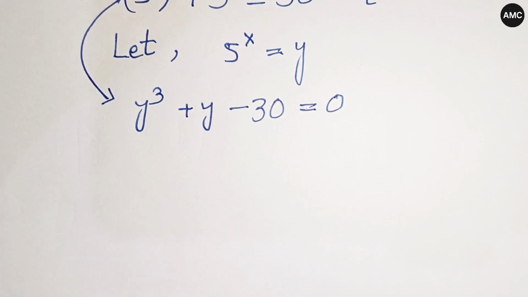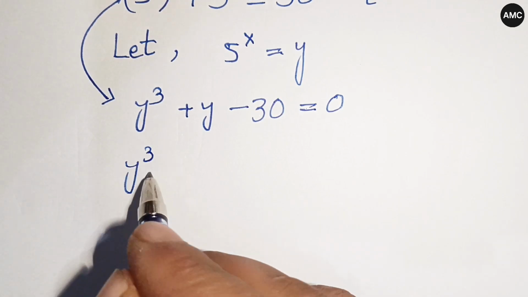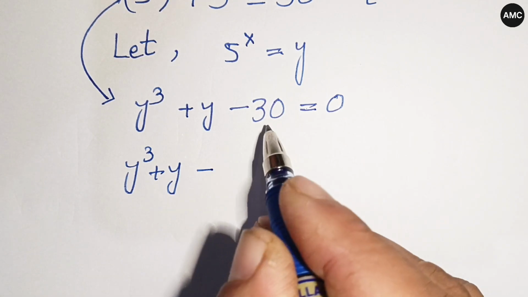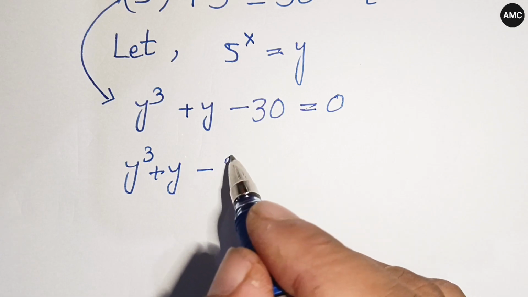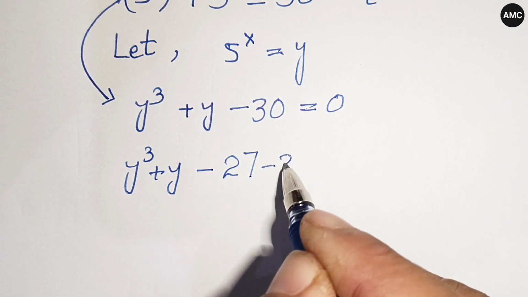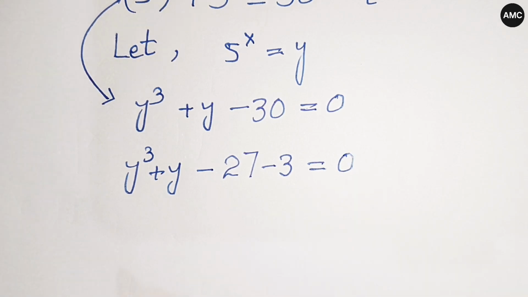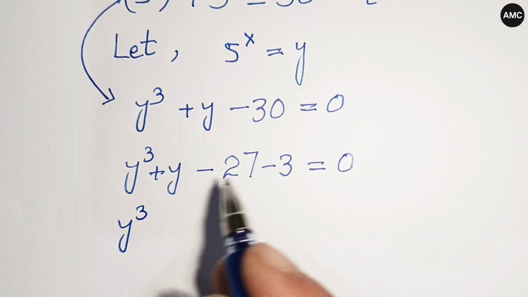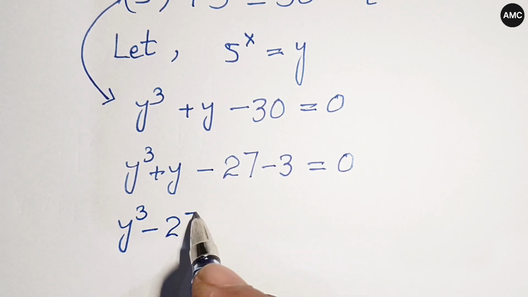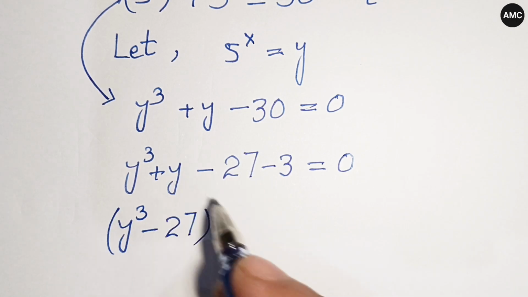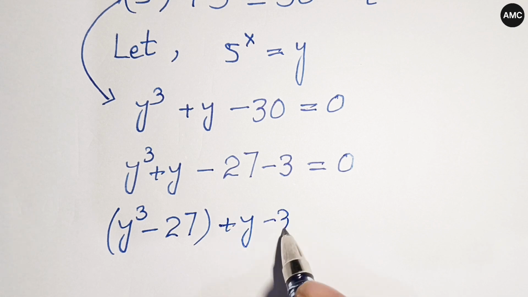Now y cubed plus y minus 30 can be written as y cubed minus 27 plus y minus 3, which is equal to 0.